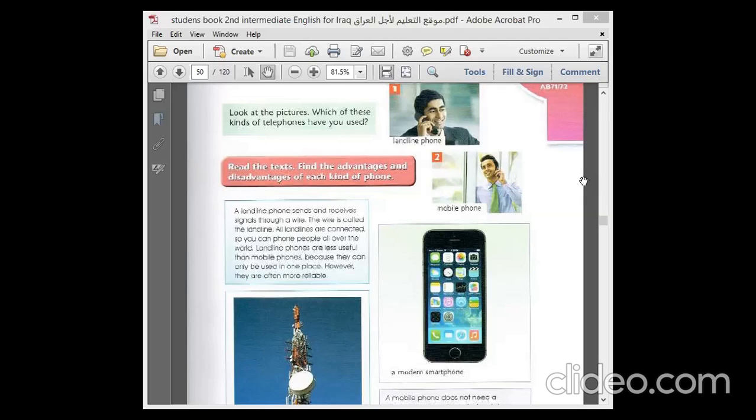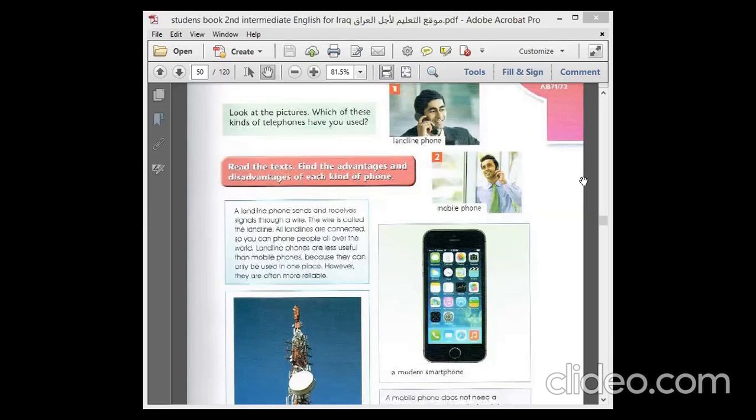Let's read the other one. A mobile phone does not need a landline because it sends signals to a special mast using radio waves. The mast sends the radio waves to another phone.